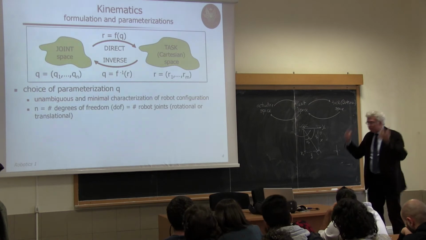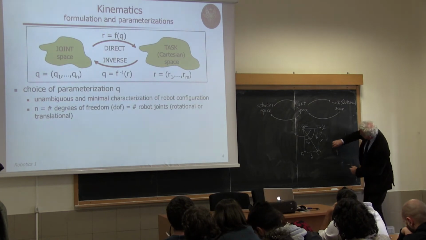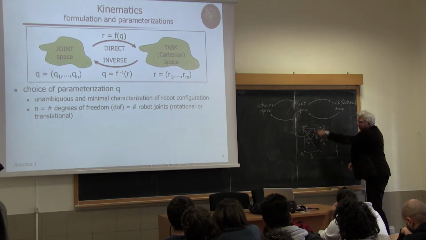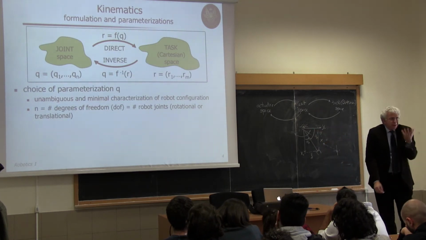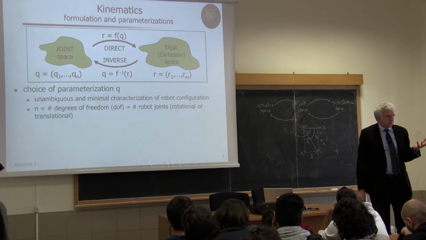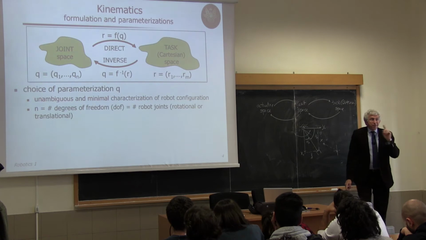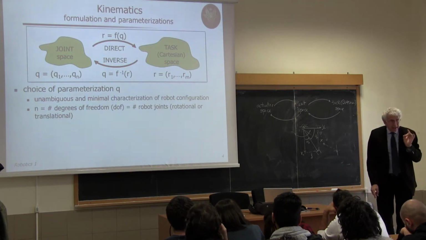Unless I do some strange mapping, I will associate to this point the closest configuration. But I'm joking right now. And in fact, these 2 coordinates are not minimal, because they are not free to move arbitrarily.